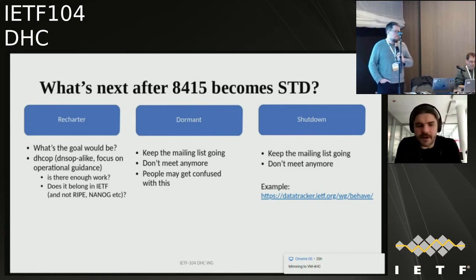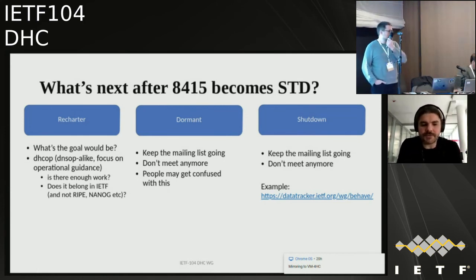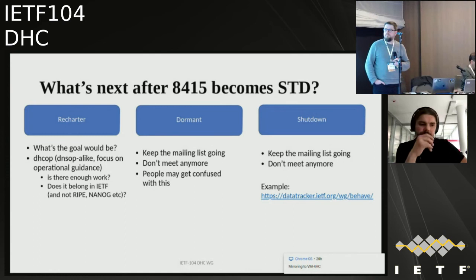From what I see in some working groups, you get times where there's a lot of stuff, times where there's less stuff. Obviously, DHC is in a lull at the moment, and it may well be that this shows that it's petering out, or it may just be a lull that we don't know anything about. So saying anything more than a statement of how we expect to proceed seems a little premature for a decision that doesn't need to be taken for a year yet.